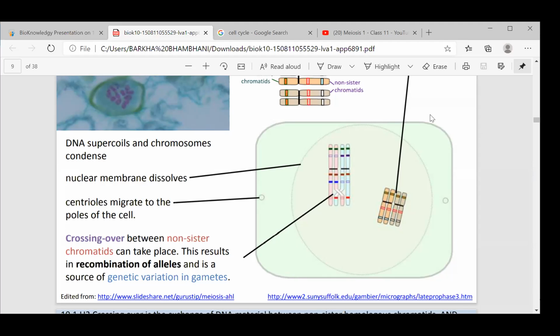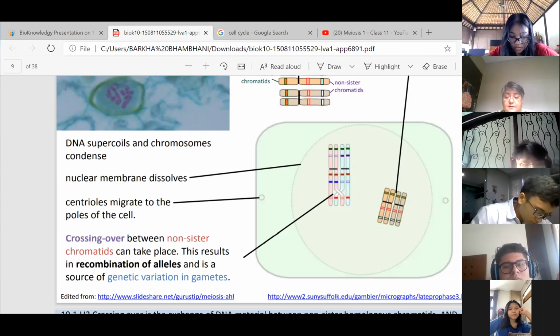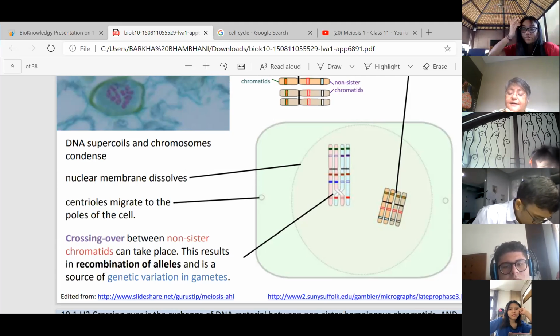In fact, you might be thinking that this genetic variation is only in human beings, but it happens in all the eukaryotic cells, wherever there's sexual reproduction taking place. So even if a tiger cub looks similar, they are different from one another.